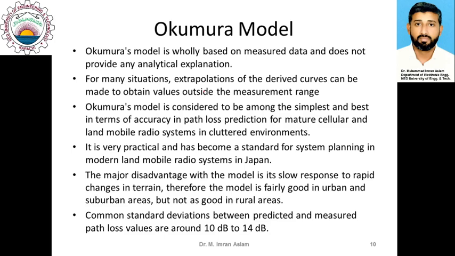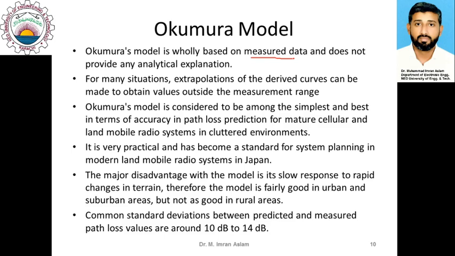Summarizing the important points related to the Okumura model: this model is primarily based on measured data, so there is no analytical explanation or mathematical calculation behind it. Measurements were taken in an actual environment, and the model was developed by fitting those measurements to the curves that I showed previously.